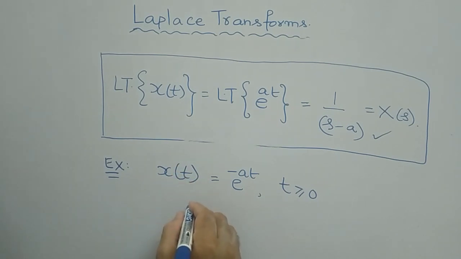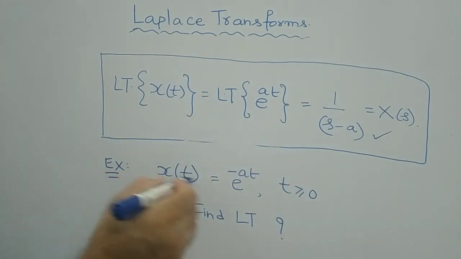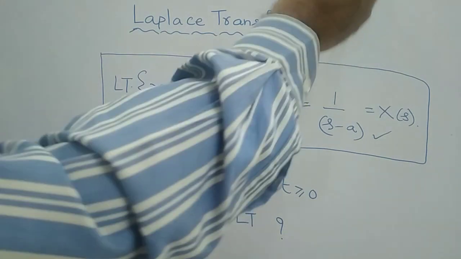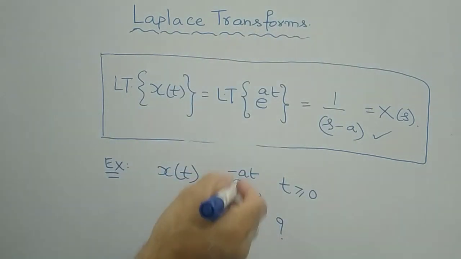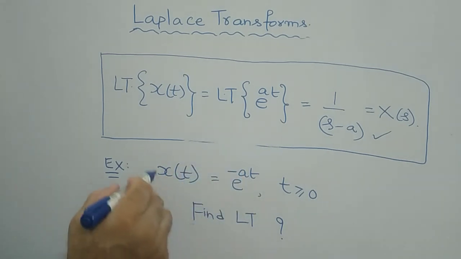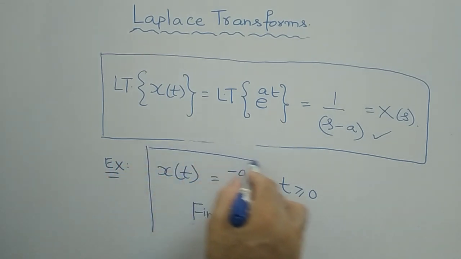Find the Laplace transformation of this function. So this is an exponentially decreasing function, that is an exponentially increasing function. Let us try on your own, and in the subsequent presentation I will solve this problem for you, right?